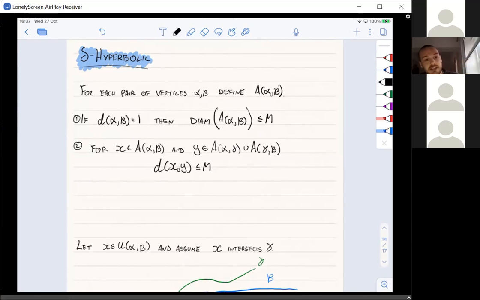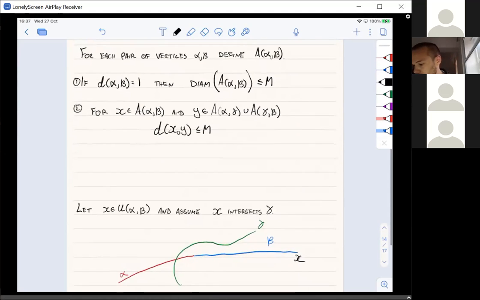This is like the thin triangles definition, except instead of looking at geodesics, you just look at connected paths. But other than that, it's almost the same definition. And the thing that gives you this connected path is exactly these one neighborhoods of unicorn paths that we looked at before. So this satisfies this thin triangle thing, and you get delta hyperbolic.